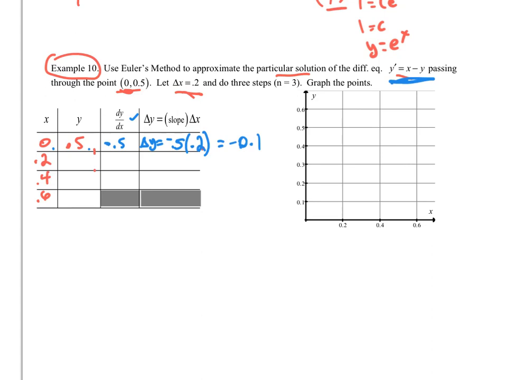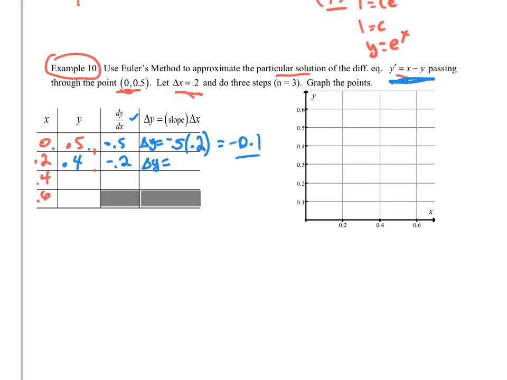So what I'm going to do is go over here. I still have my 0.5, but then I'm going to change by negative 0.1. So when I come off of that, I'm going to end up with 0.4. dy dx is x minus y, so I'm going to end up with negative 0.2. And you should probably pause this and try to do these steps yourself, otherwise you're not going to know what to do.